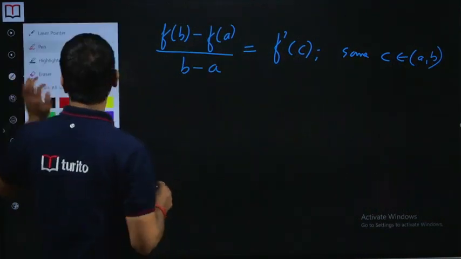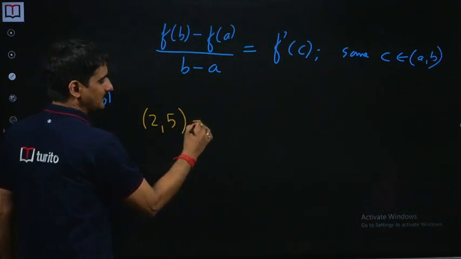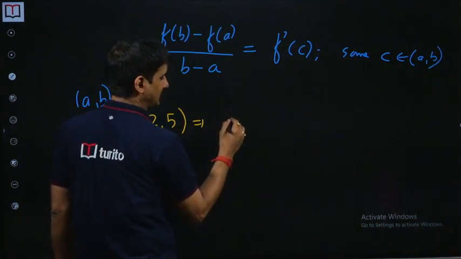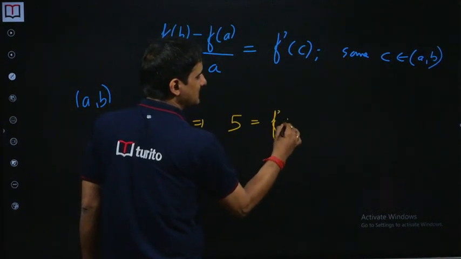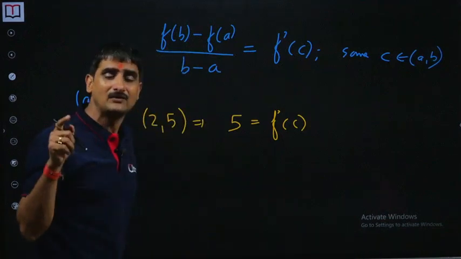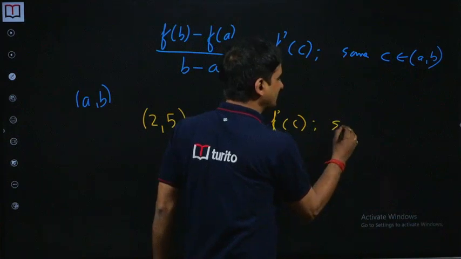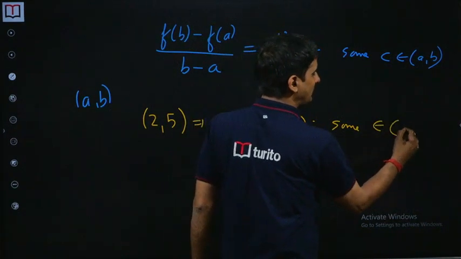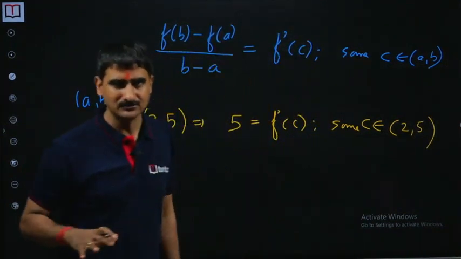Okay, so now what does that mean if I apply it for the interval 2 to 5? So this is of course 5 and this is equal to f dash c. So the value of the derivative at c will be 5 for some c belonging to the interval 2 to 5. I think I am clear to everyone.